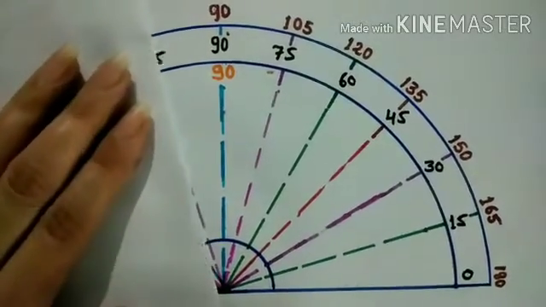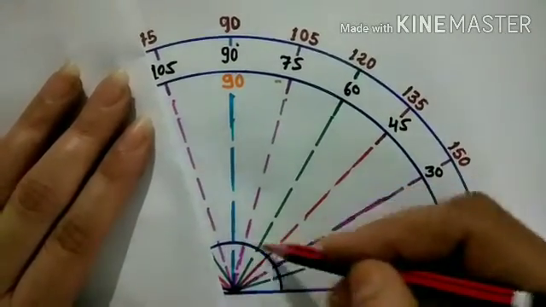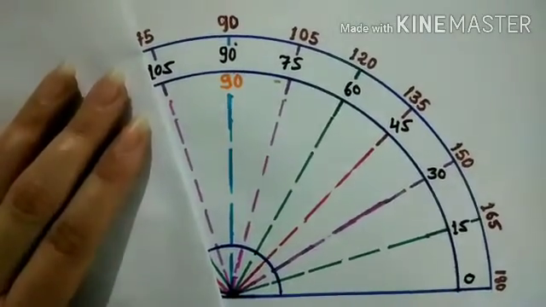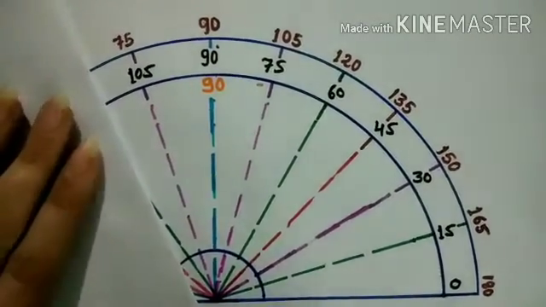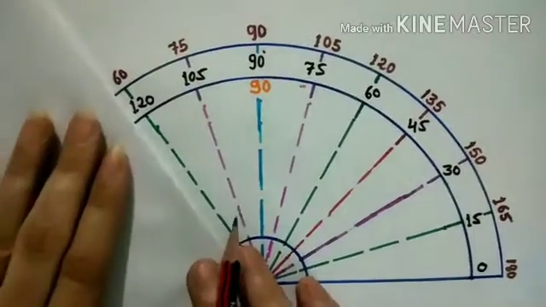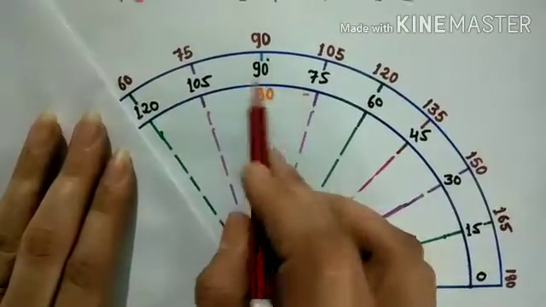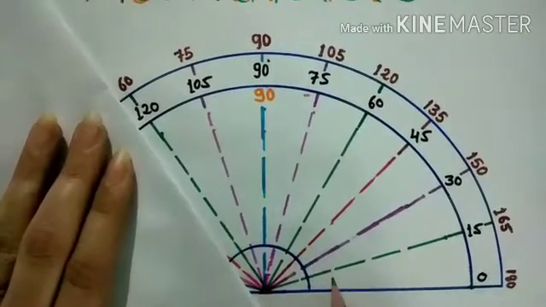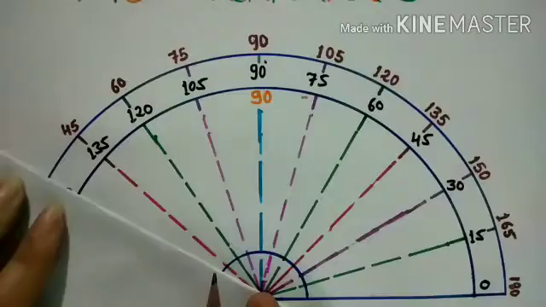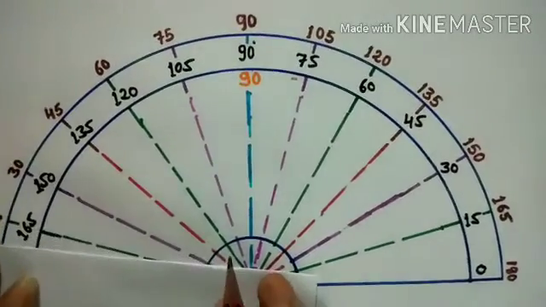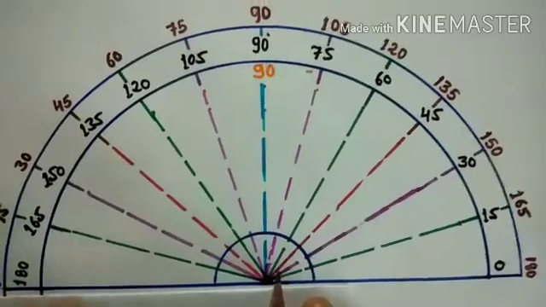After that we have obtuse angles. After that we have 105 and 120. We only see the inner side numbers here. So these are obtuse angles: 135, 150, 165, and after that 180 is completed here.